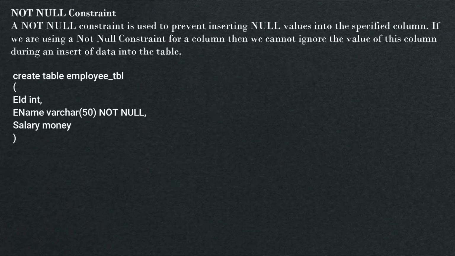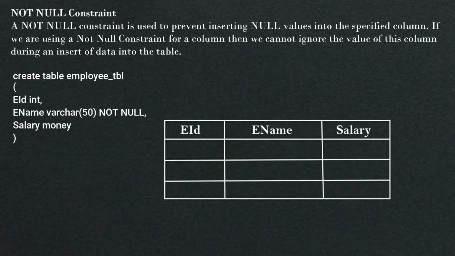Here I have set a not null constraint on employee name. Okay, salary money. Look at this query. I have created employee_TBL and I have taken 3 columns here: employee ID, employee name and salary, right? After executing this query, the table looks like this.